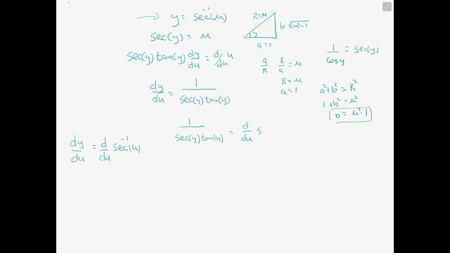So we have 1 over secant y tangent y equals d/du of the arcsecant of u.